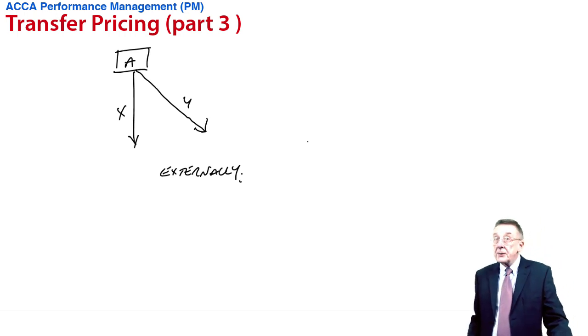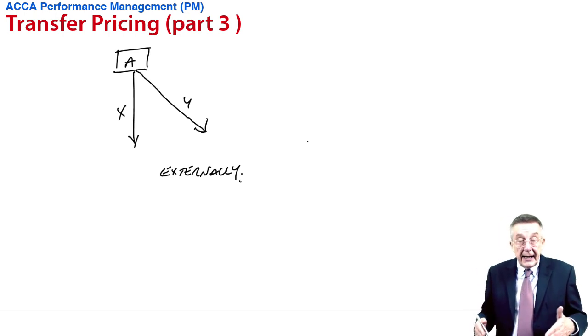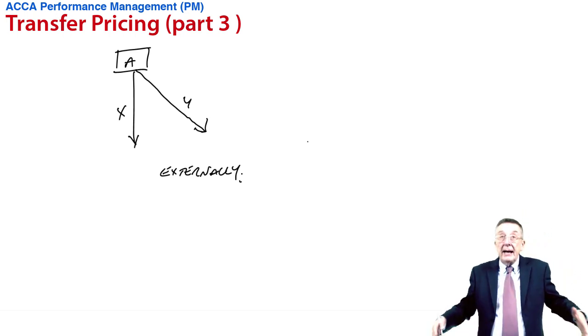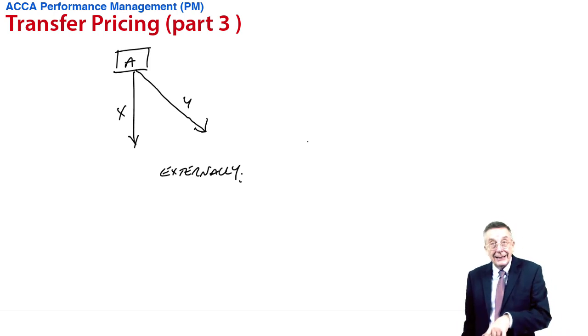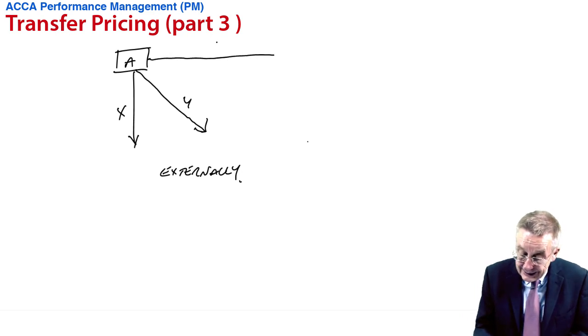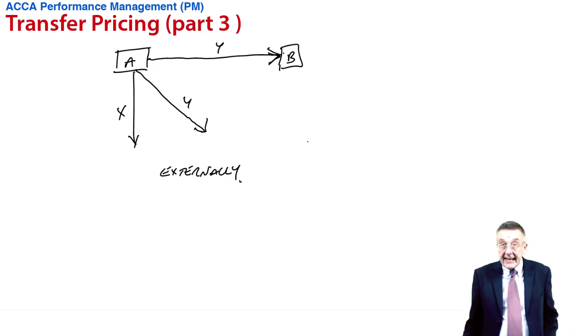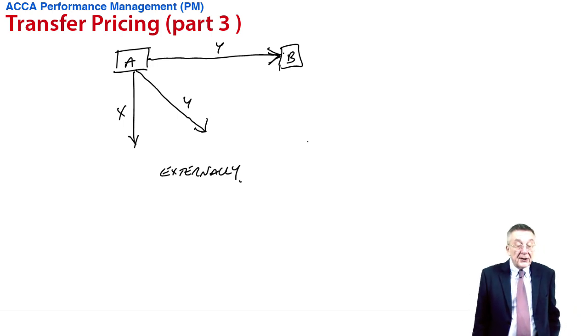Division B requires product Y. So although A, given there's unlimited external demand, can sell everything it produces externally, B wants Y. Of course, they are capable of producing Y and selling it to Division B. But the question is, what's the minimum transfer price that should be charged for supplying Y to Division B?